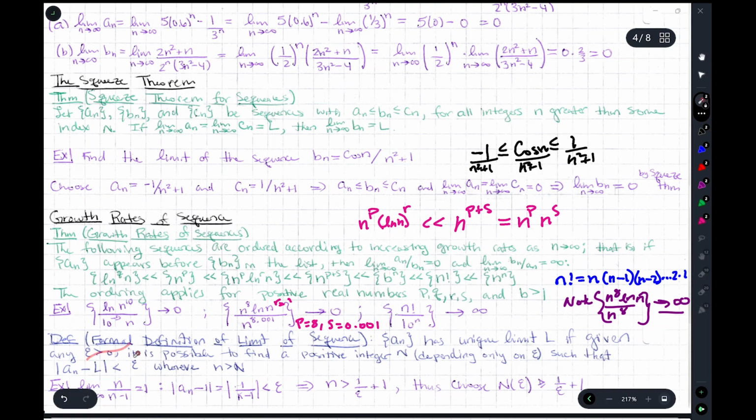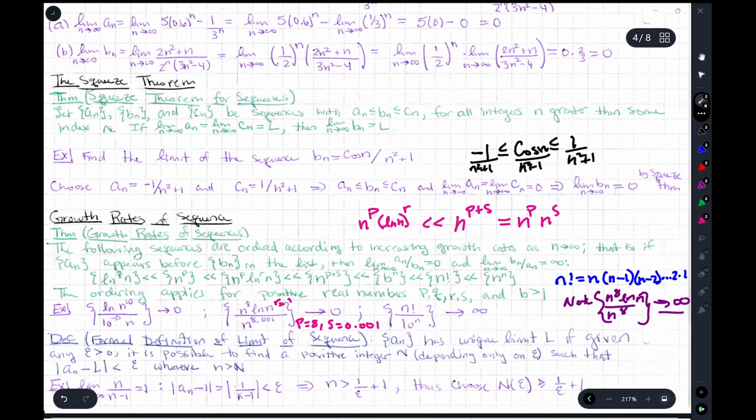And you could do this for any epsilon. You could take epsilon as small as you want, as it approaches 0, and you'll always be able to find some integer capital N such that all subsequent terms are sufficiently close to that limit.